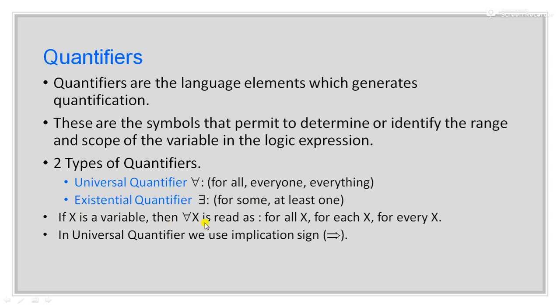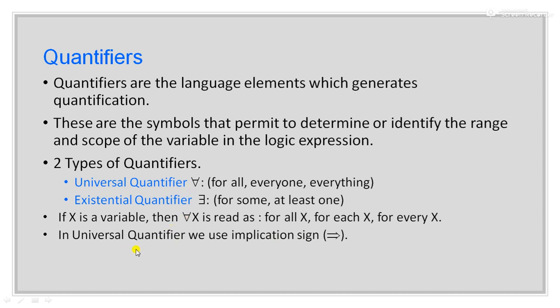In the universal quantifier we use the implication sign. That means whenever you are using the universal quantifier, the statements that you are formulating using it require another logical connective, that is the if-then connective, which is also called the implication sign.